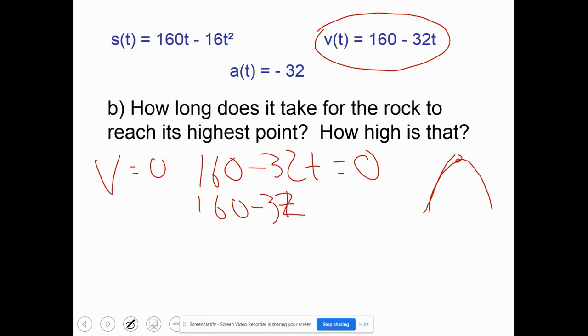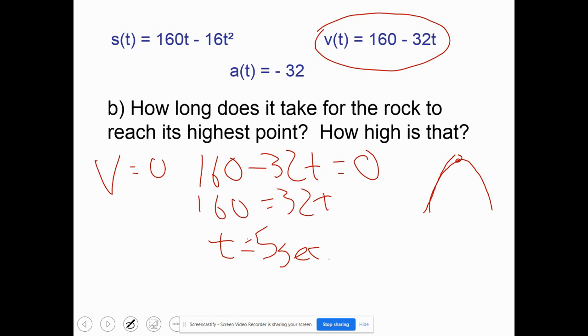Oops, 32. Let's do this the right way. 0 equals 32t. t is equal to 5 seconds. It takes 5 seconds to reach the highest point.